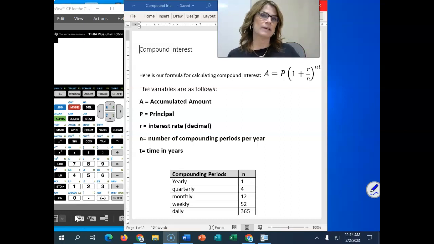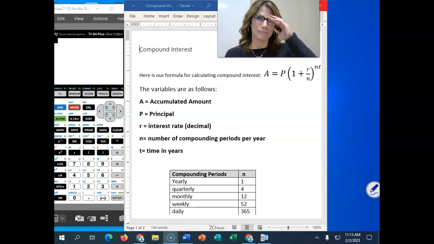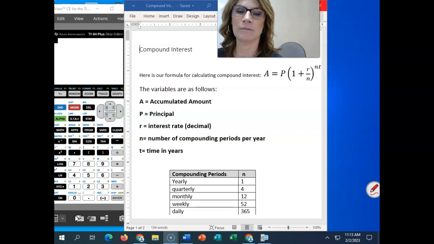So we're doing compound interest, and you can compound interest over different time periods, and we'll talk about those. So first, let's look at the compound interest formula. It looks kind of bad, but it's not so bad. Accumulated amount, sometimes people call that the future value.